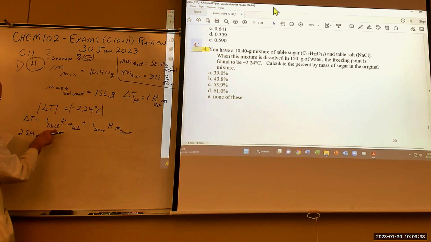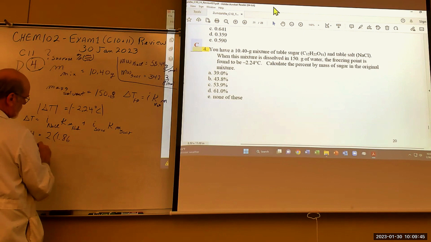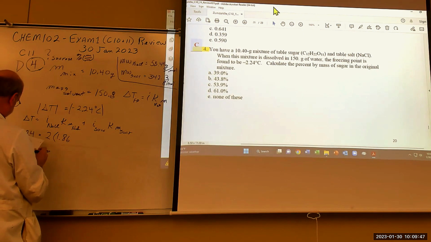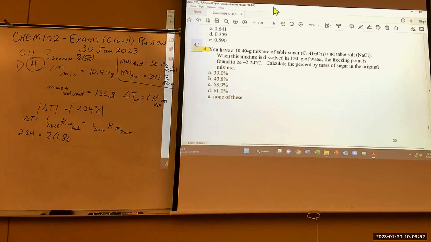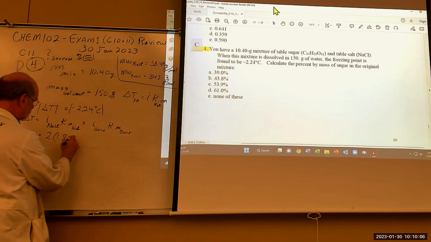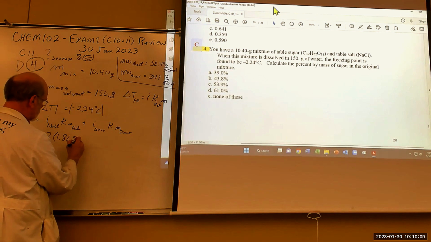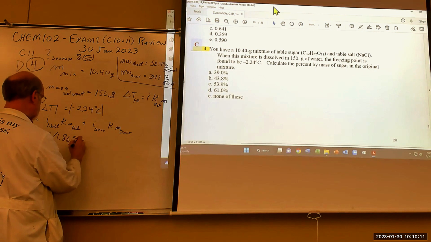So for sodium chloride, i is 2, and K is 1.86. Let's be sure it's given. It's not given in the problem. It's degrees C per kilogram.